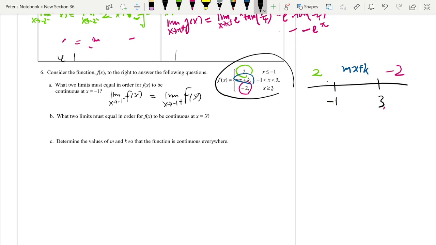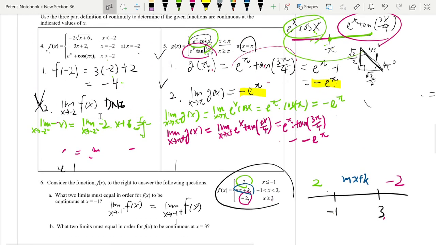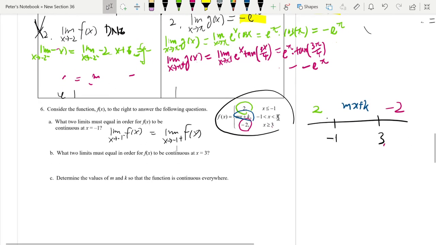That was our second condition, right? I mean, we established that it is already defined at x equals -1. It's equal to 2, actually, right?